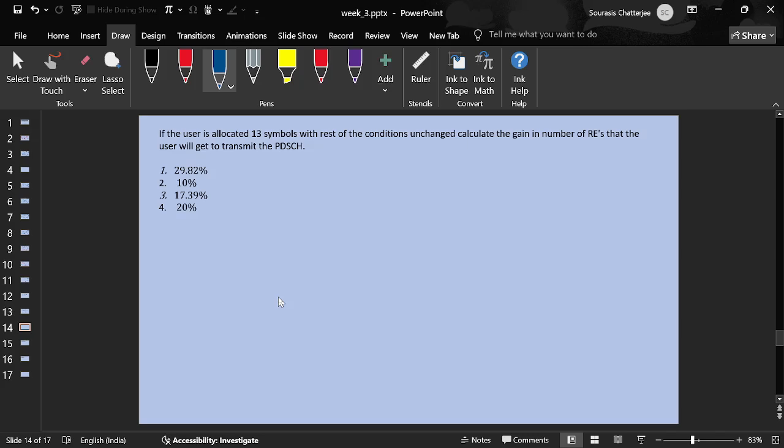So what is the number of symbols in the earlier case? It was across 10 symbols. So what was the number we obtained? Number of REs in a PRB? 114.